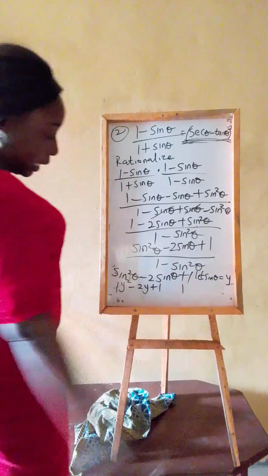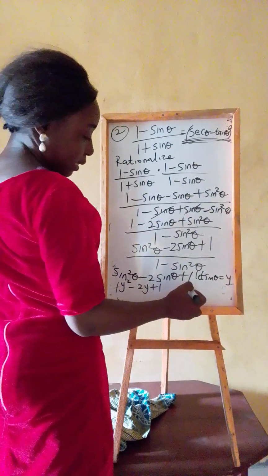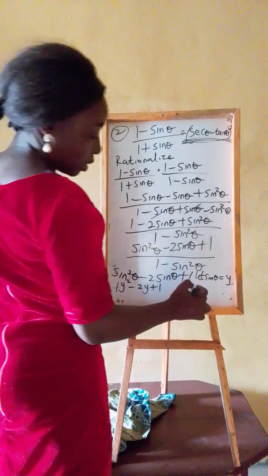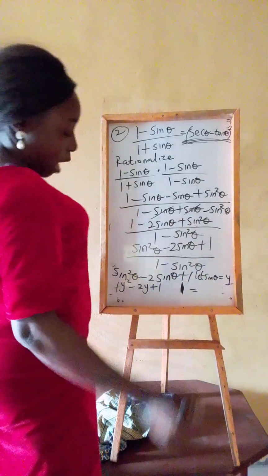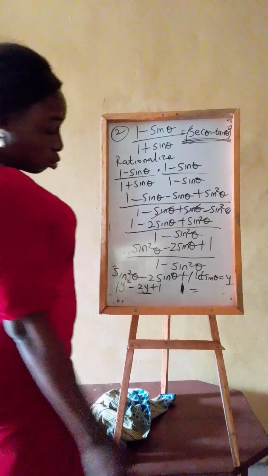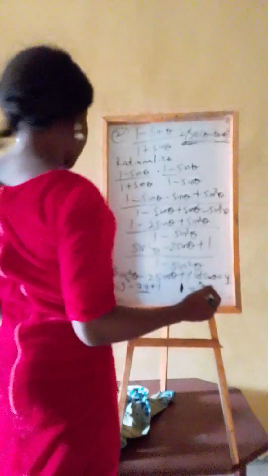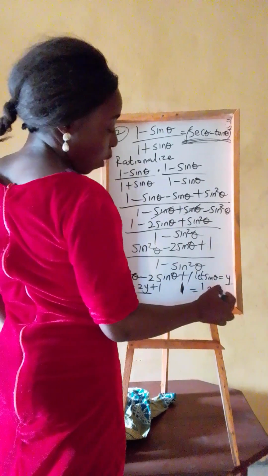You find two factors that when you multiply them give 1, and when you add them give minus 2. Factors of 1 are 1 and 1.